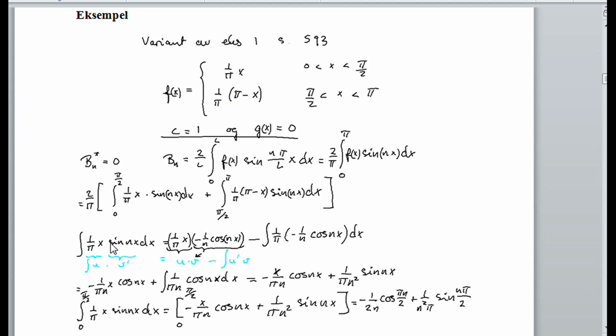Just take the integral of sine nx, then we get minus cosine nx divided by n, and we see this n here. Then we take minus this guy, and it can be written like this. And in order to find the integral here, we just have to integrate once more, and then we get this expression.